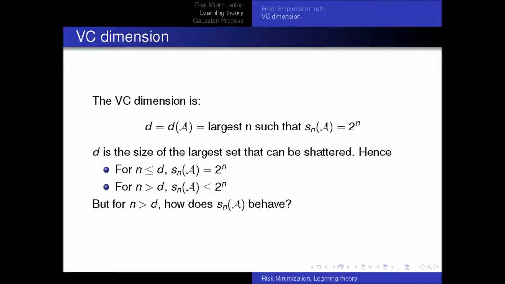Before answering the question, what do you mean by convex polygons in R2? Convex polygons are something like this.